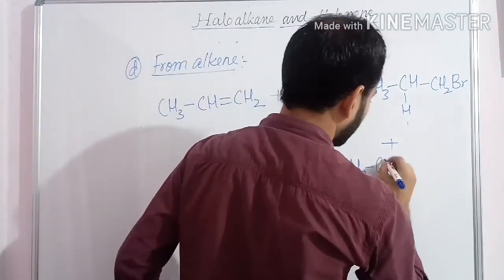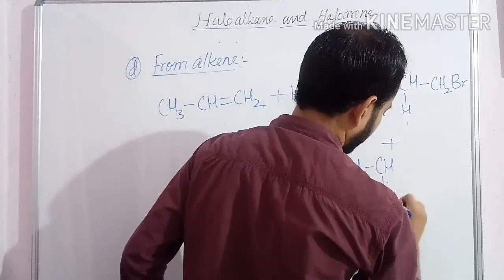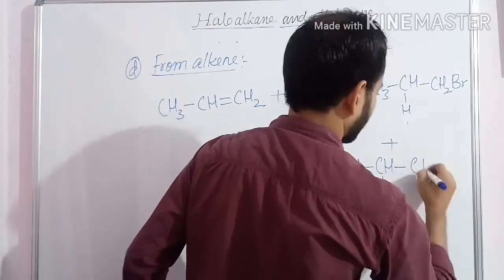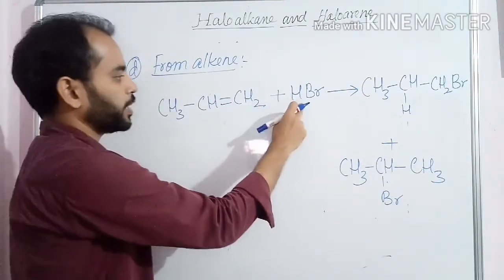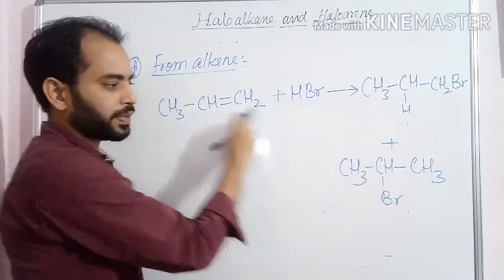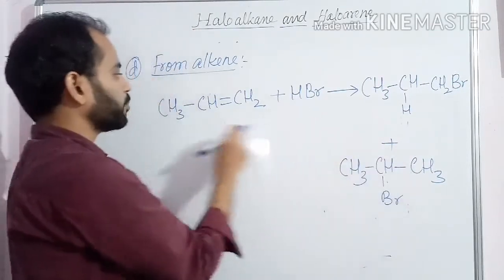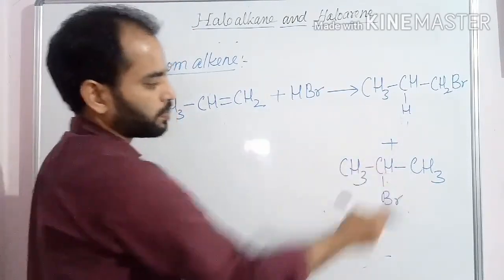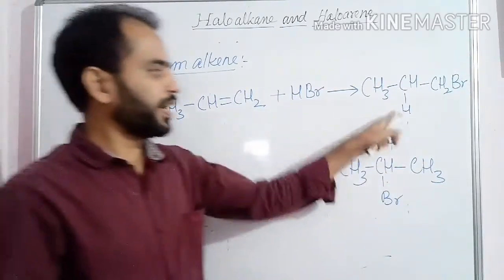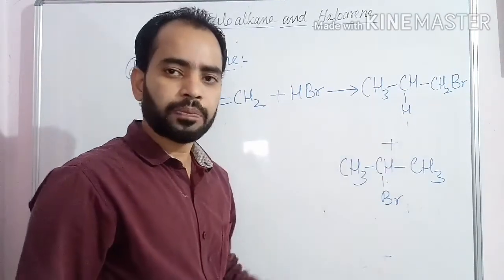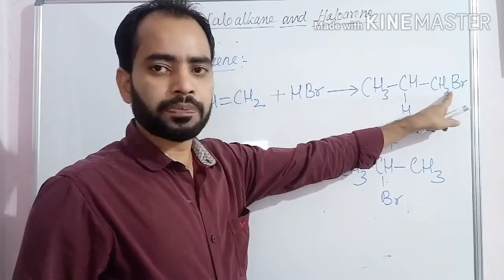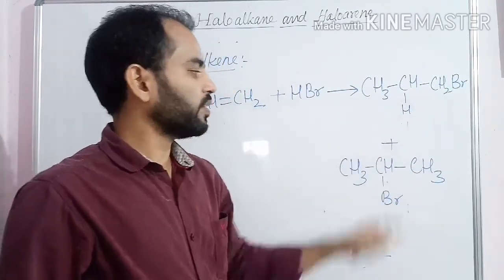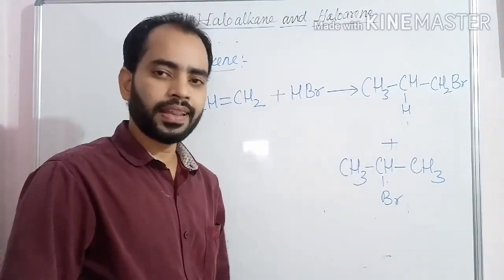So we get H positive going to this carbon, it becomes CH3, and Br negative goes to this one, so CHBr. So we obtain two different products. This is a primary alkyl halide, and this is a secondary alkyl halide.